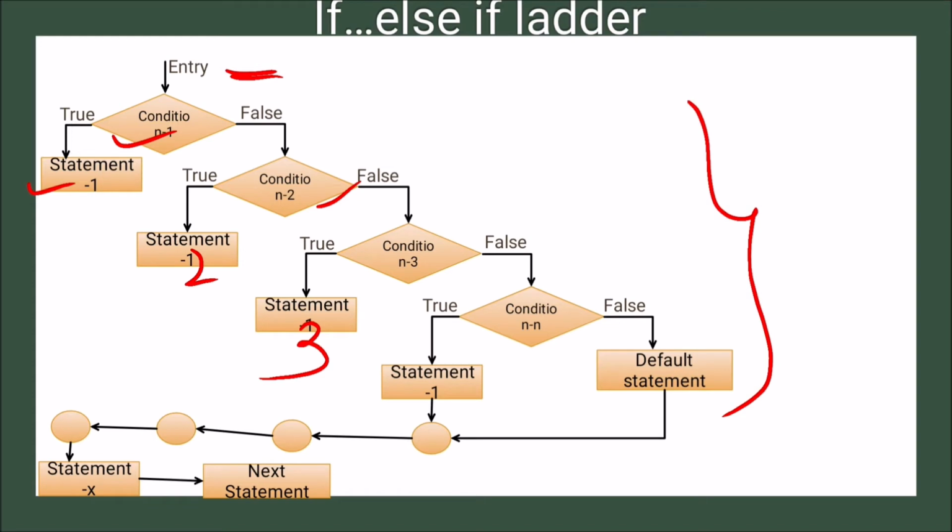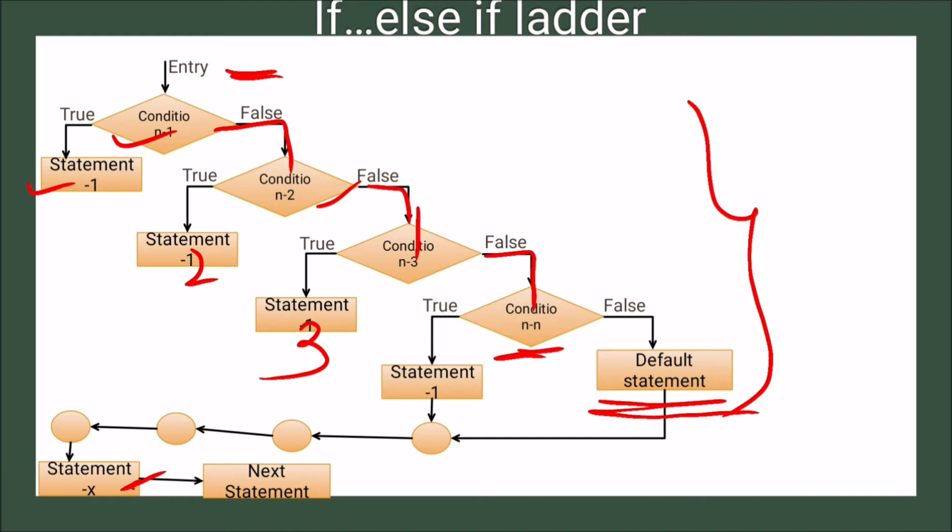If condition 3 is false, it goes to condition 4, 5, up to wherever the conditions stop. At the end, if all conditions 1, 2, 3, 4 are false, it goes to the default statement, and after that it goes to statement number X. So this is how the if else if ladder is executed.